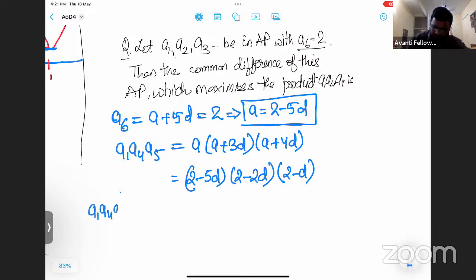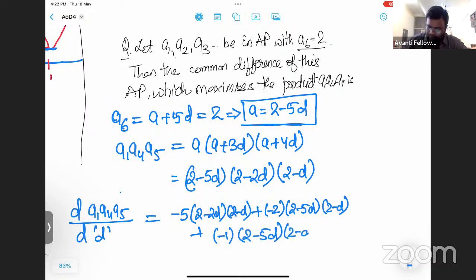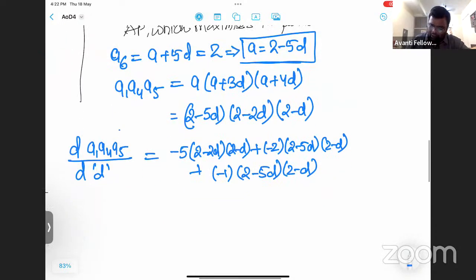A1, A4, A5 is given, so I'll differentiate it with respect to D. We get the differentiation of the first, minus 5, times 2 minus 2D, times 2 minus D, plus the differentiation of the second, that is minus 2, times 2 minus 5D, times 2 minus D, plus the differentiation of the last, with the first two functions as they are. This is the extended product rule, which we can use for three quantities in product form. Now we need to simplify.